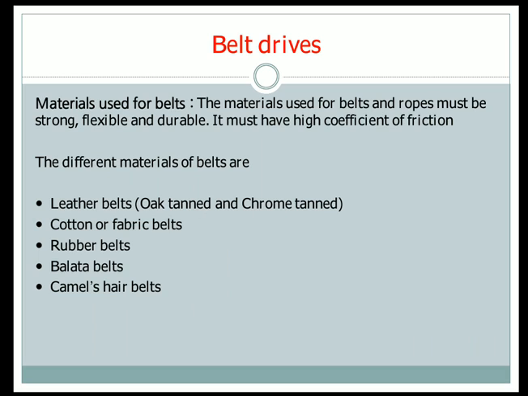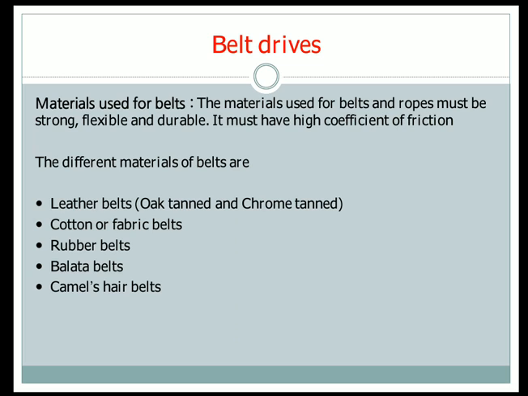The materials used for belt and rope must be strong, flexible and durable. It must have a high coefficient of friction. The different materials of belts used are, first, leather belt. Leather belt is the most commonly used belt, and in leather belt there are two different types of materials: one is oak tanned and another one is chrome tanned. The next one is cotton or fabric belts.